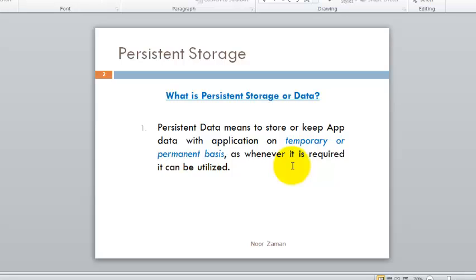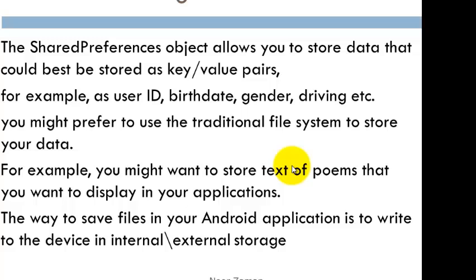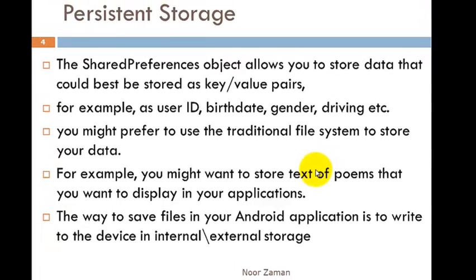Now here we must see what the difference is from what we discussed previously with shared preferences, and why we are switching to files to save our data into internal or external memory. A shared preferences object allows you to store data as key-value pairs.